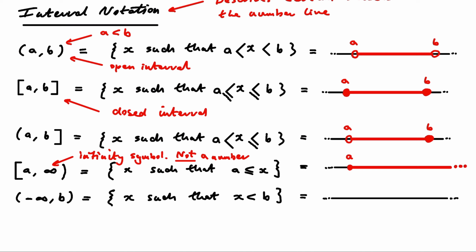I should get exactly the same, shouldn't I? So dot, dot, dot in this direction. Negative infinity, because we're thinking about going in the negative direction as far as we want. And then I don't want to include b, so let's make it a hollow dot b there.